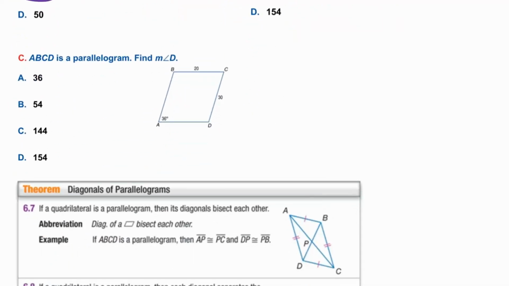We want to find the measure of angle D. Well, D and A are same side interior angles, so I do 180 minus 36, and I would have 144.